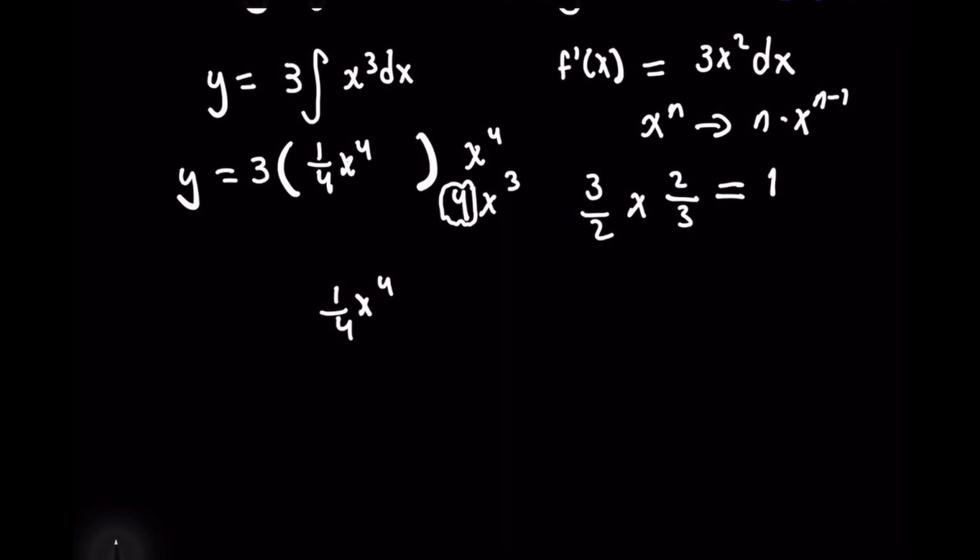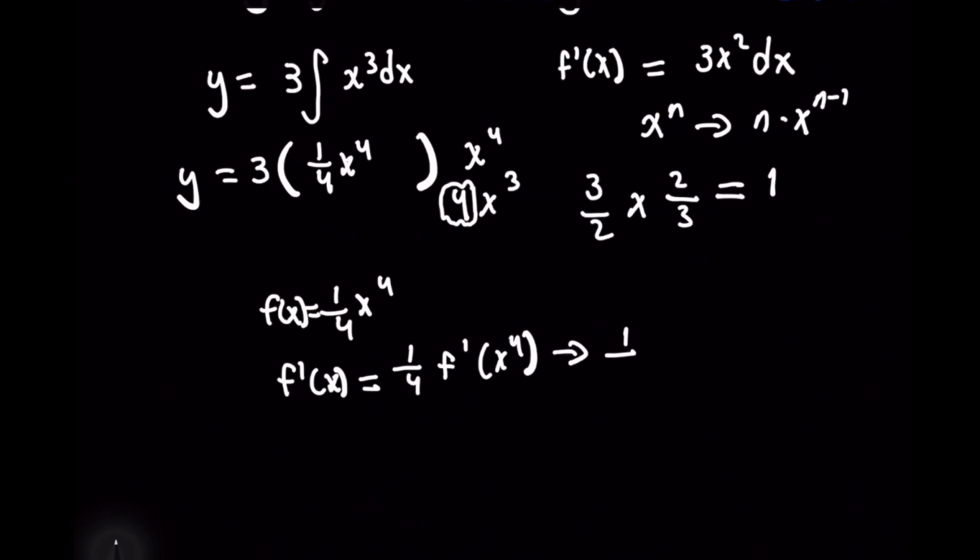If that's our function, then taking its derivative would mean, using the constant multiple rule, that it's 1/4 times the derivative of x to the 4th. This is going to give you 1/4 times 4x cubed, and you'll see here that 4 and 1/4 cancel out. So we are good to go.